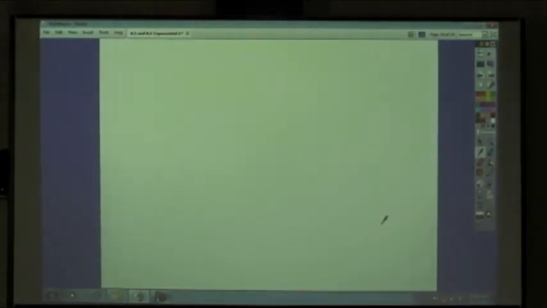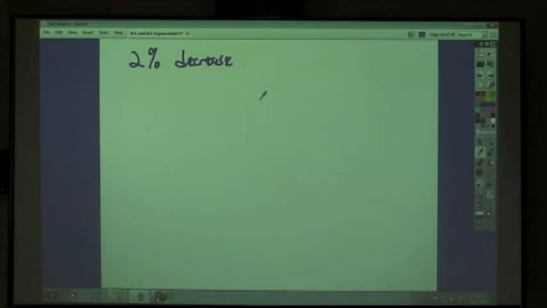So you can also use exponential growth and decay functions when we're talking about things decreasing in value. One of the examples that we had on our homework was a population of a city that was decreasing. So it says between 1970 and 2000, the population of the city decreased by approximately 2% each year. So it's a 2% decrease. And when you look at that, it says in 1970, the beginning amount was 600,000 people.